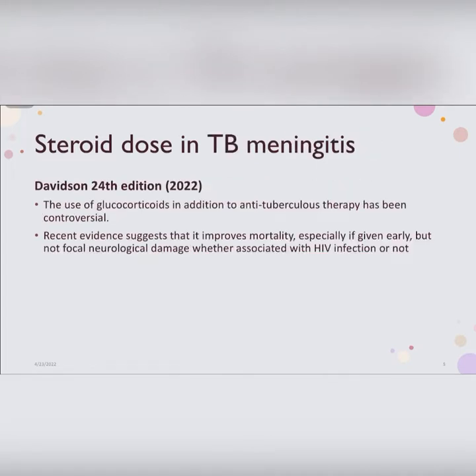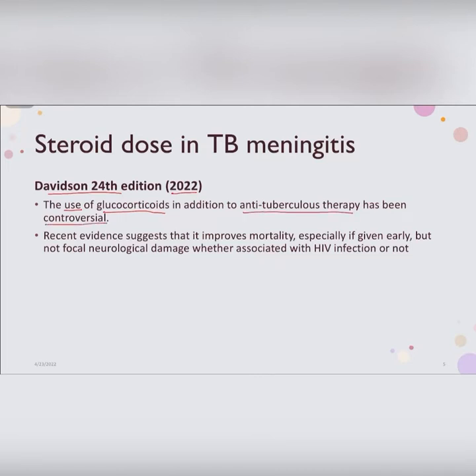Okay, let's keep going. I'm going to talk about steroid dose in TB meningitis. It is taken from the recent 24th edition, newly released in 2022. It says the use of glucocorticoids in addition to anti-tuberculous therapy is still controversial.